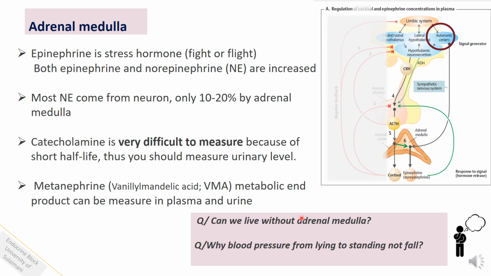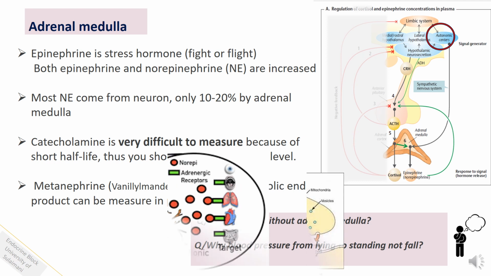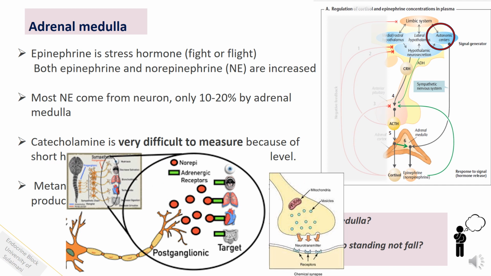So, can we live without the adrenal medulla? Yes, we can say yes. We will become diseased and lethargic, and we will get several problems, but it is not critical to life like that of aldosterone and ADH that we discussed. Why? As you know, the synapses and norepinephrine have an effect on alpha receptors on the blood vessels and cause vasoconstriction.